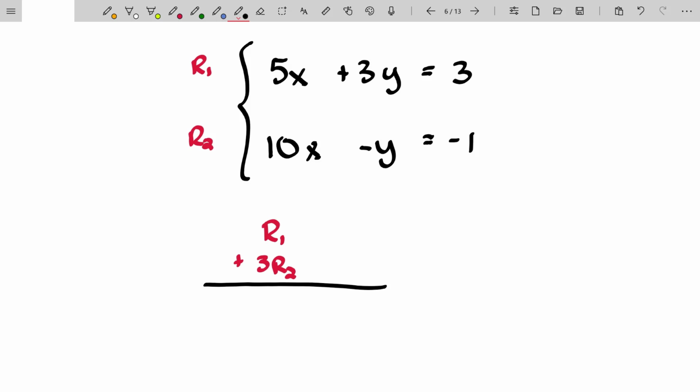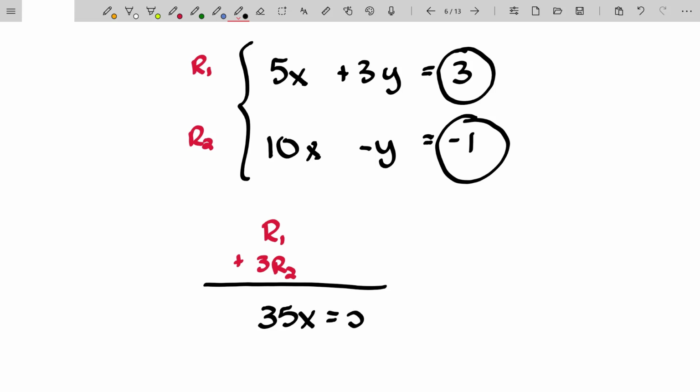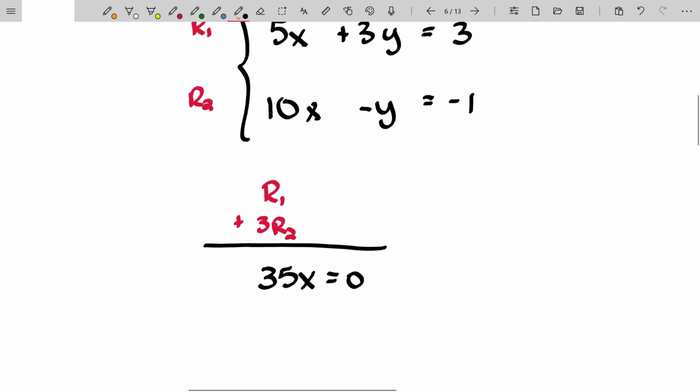We have 5 plus 3 times 10, or 30, so 35x. And we'll have 3 plus 3 times a negative 1, so 3 plus negative 3, okay, is 0. And so you get that x is equal to 0.